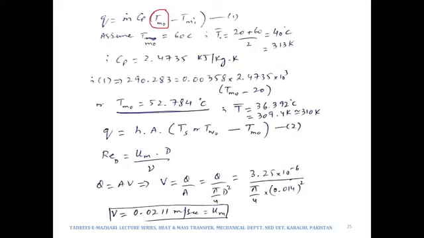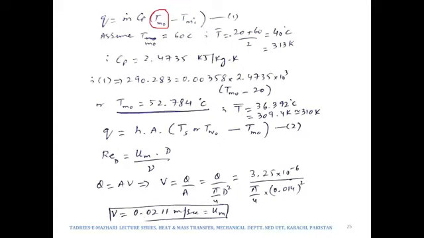So at this point of time, in order to find out the properties, at least Cp, we must assume Tm0. Now the assumption, as we have seen in previous problems, must be a good approximation. It should not be just an assumption out of nowhere. Rather, we should try our best to make it a good approximation.